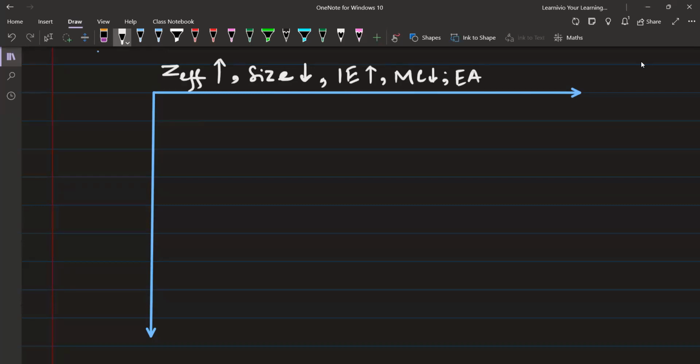Electron affinity is up or down? Up. Non-metallic character up. And electronegativity up, I just taught electronegativity.